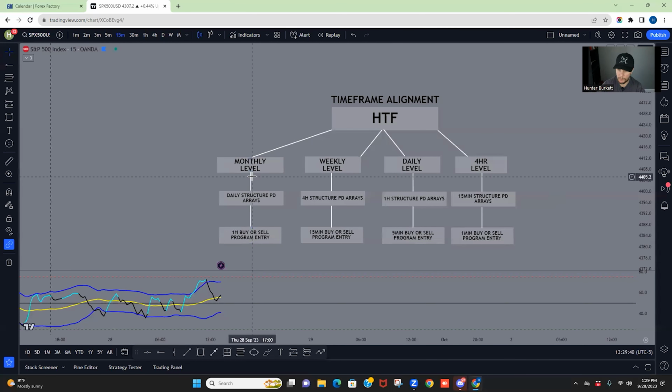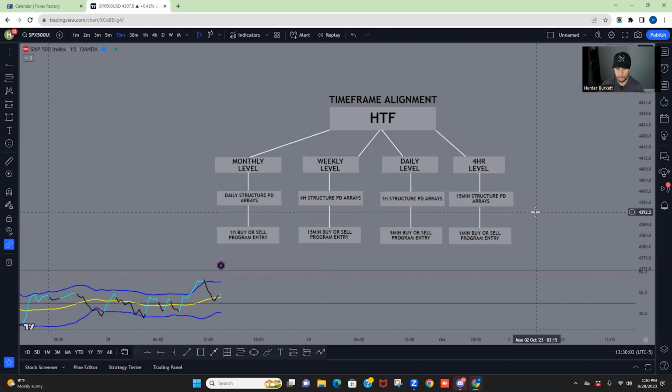This is more for your swing traders, intraday traders, and scalpers. If you want to be swinging, you need to be on this program here. If you want to be intraday trading, this program, and if you want to be scalping, this is the program for you.